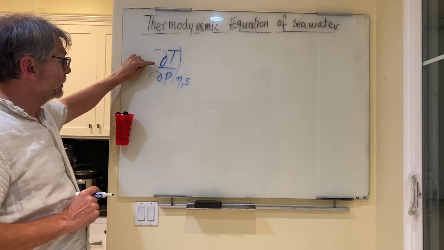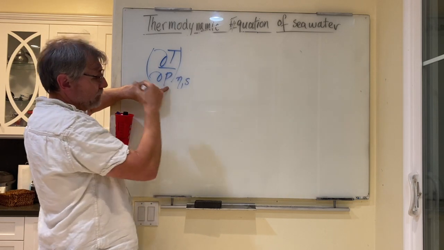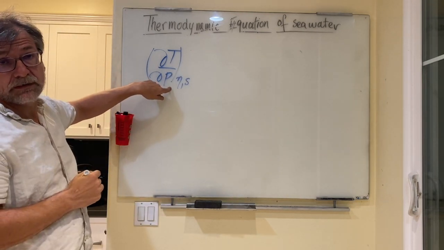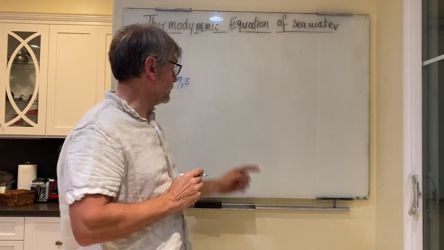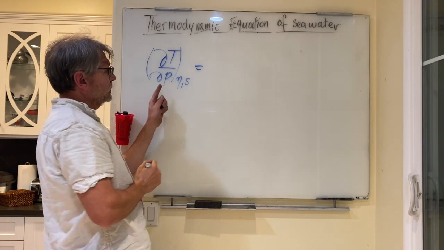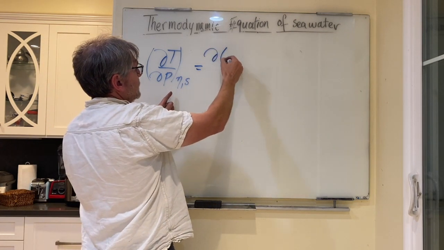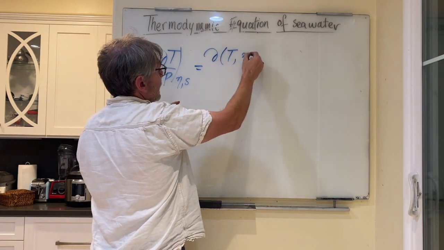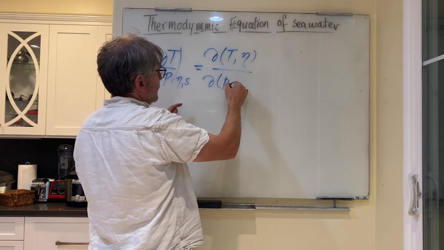So we want to convert this partial derivative of T with respect to p into derivatives involving the Gibbs function. So the first thing we're going to do is express this as a Jacobian determinant, so this can be written as partial T eta with respect to p and eta.